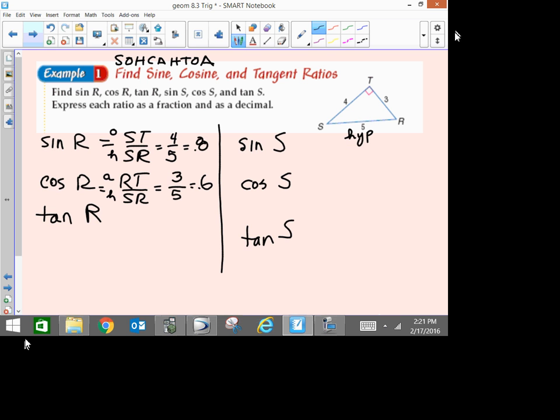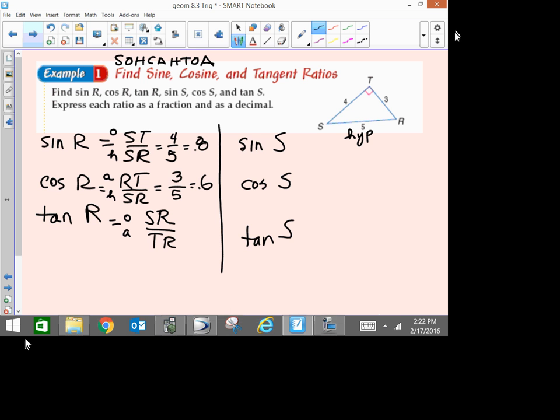Okay? All right, tangent of R. Who's got my tangent of R here? Rachel. It would be the opposite, which is SR over the adjacent, which is TR. Okay, these are both legs.